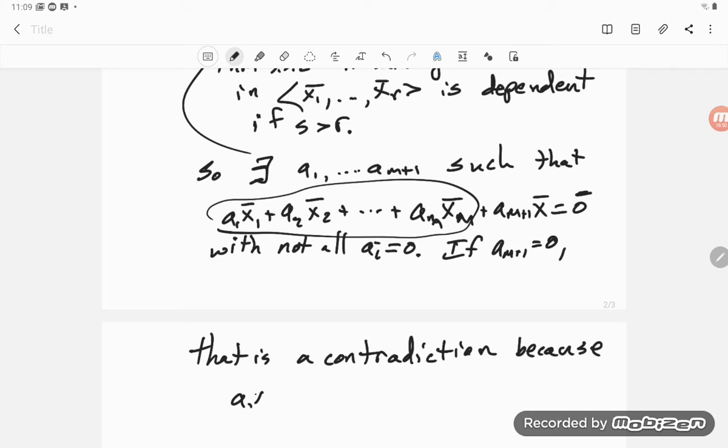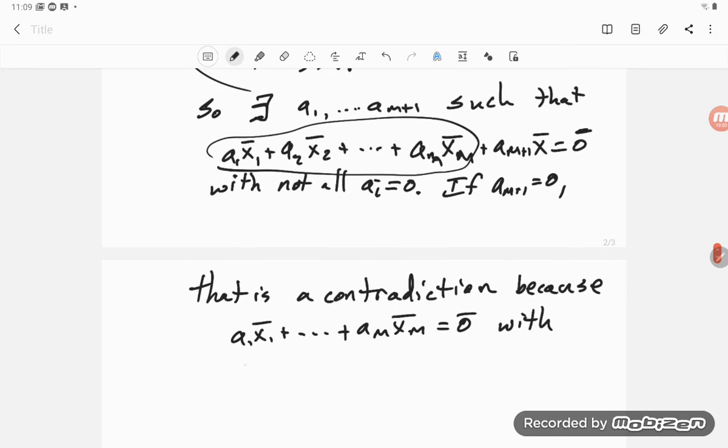So a1 x1 plus all the way up to am xm would equal 0 with not all a sub i equal to 0.